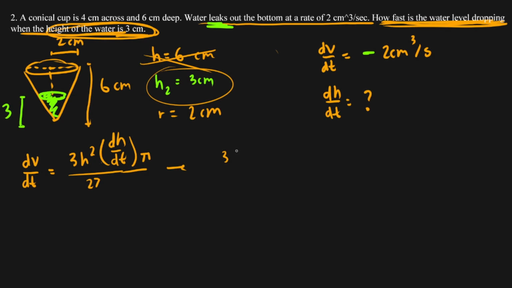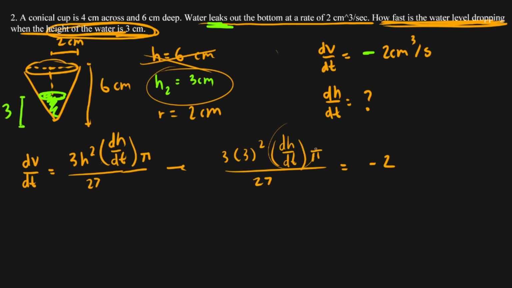So we're going to have 3 times 3 squared times dh/dt times pi over 27. And we're given dV/dt in the original equation. We know that's negative 2 centimeters cubed per second, so we're going to make this equal to negative 2.